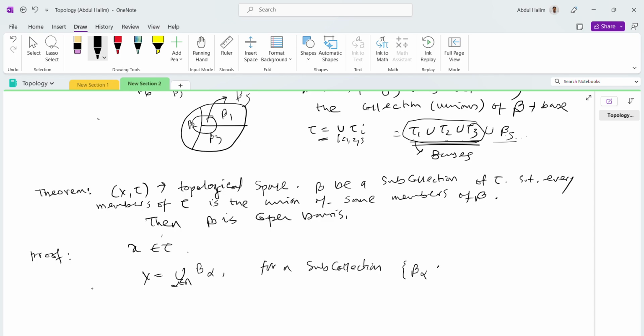If this is satisfied, it ensures us that beta is an open basis. To show this, we first show that beta is a base for the topology.